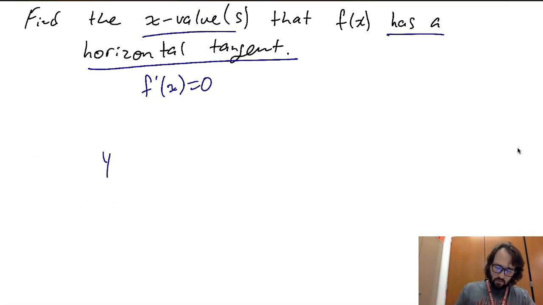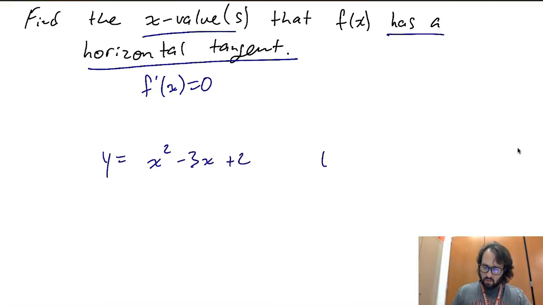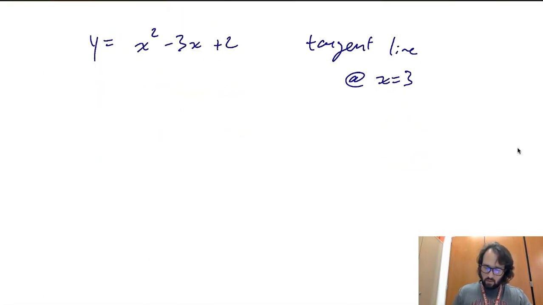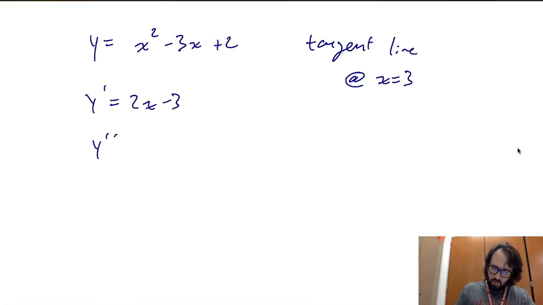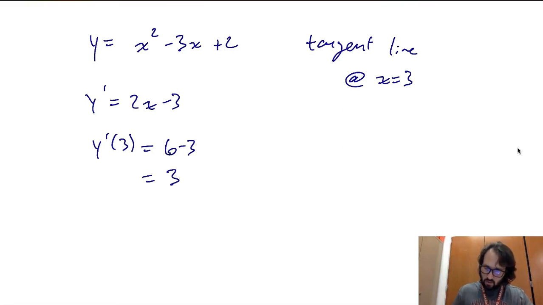So say I have the function x squared minus 3x plus 2, and I want to find the tangent line at x equals 3. Right, so I could do y prime is 2x minus 3, so then y prime of 3 is 6 minus 3, so that slope is 3.